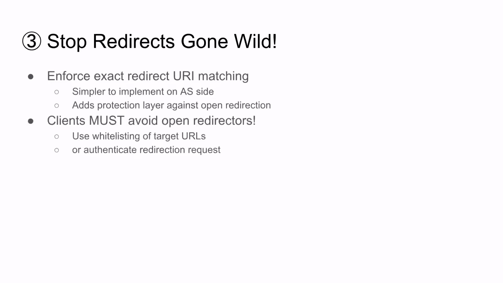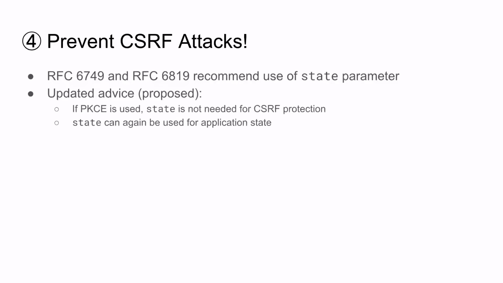Use one redirect URI per AS, and this redirect URI is the one, and no dynamic things, just one redirect URI. And do not build open redirectors. So if you want to redirect based on some URI parameter, then use whitelisting or use some means of authentication for that URI.